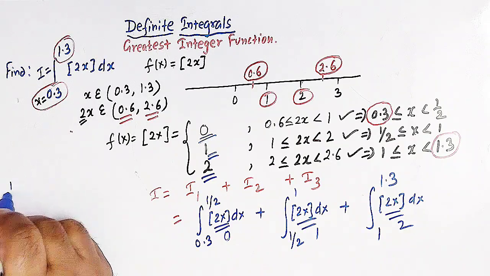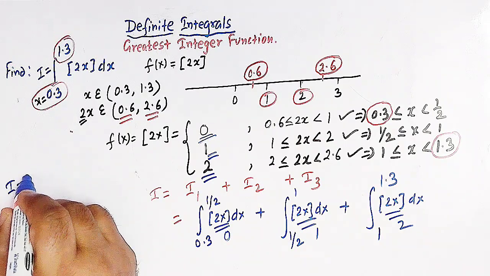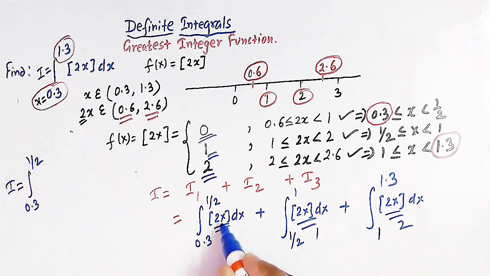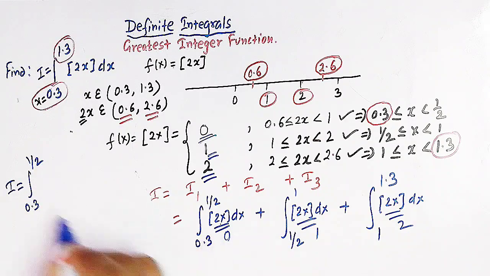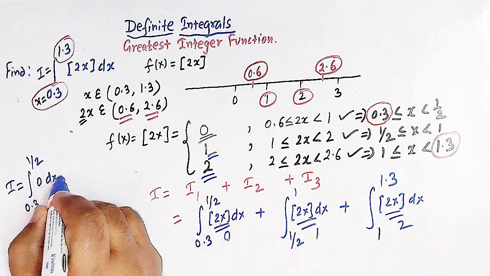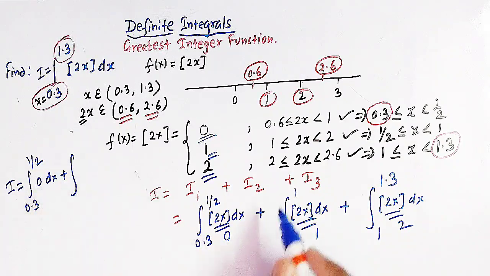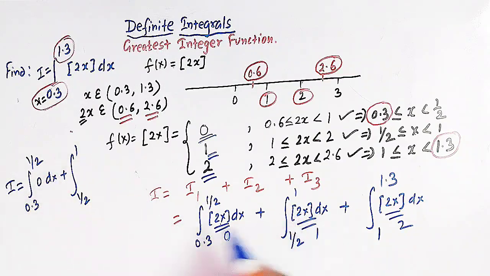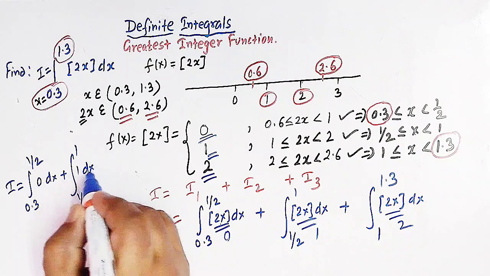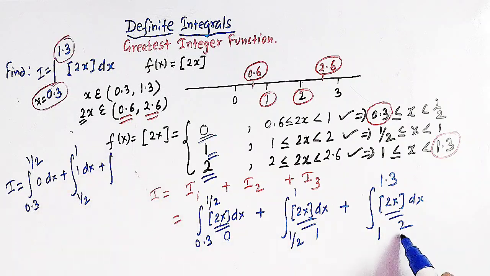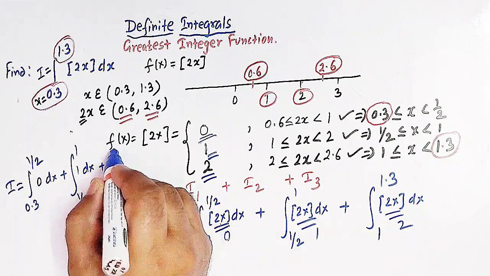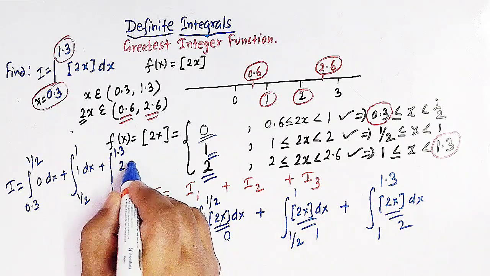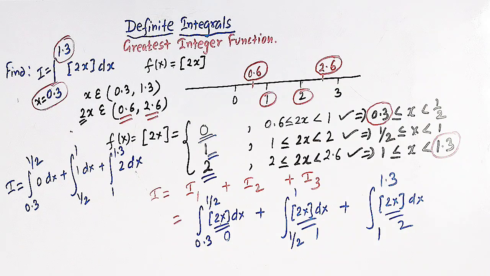So now we can write I is equal to the integral from 0.3 to half, and here for greatest integer of 2x we have 0. So this is 0 dx. Then we have half to 1, and for greatest integer of 2x we have 1, and then we have 1 to 1.3, and for greatest integer of 2x we have 2 and dx, right?